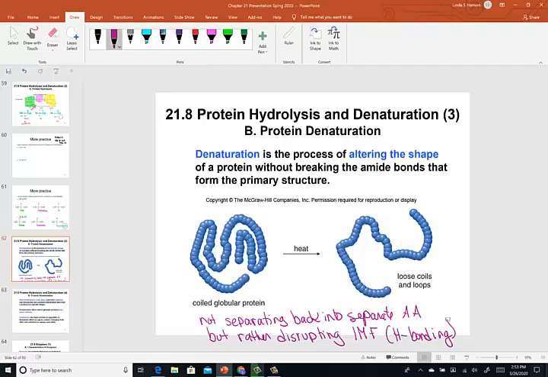So notice that we have a nice coiled globular protein in this structure here, and you would know that it's being held in position by what we would refer to as intermolecular forces known as hydrogen bonds. When you denature a protein, we're not separating out the individual amino acids, but rather you're breaking those intermolecular attractions so that it just simply uncoils and loses its three-dimensional shape.